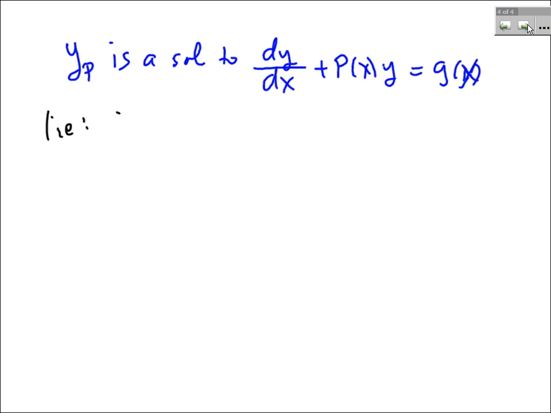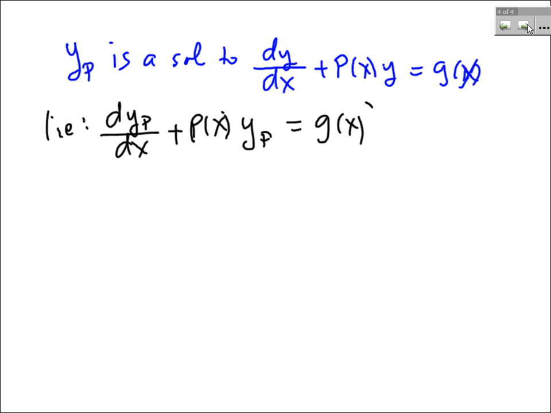That is, dy sub p/dx plus p of x times y sub p is equal to g of x. That is, if you replace y with y sub p, the equation is valid. The left side and the right hand side are equal.